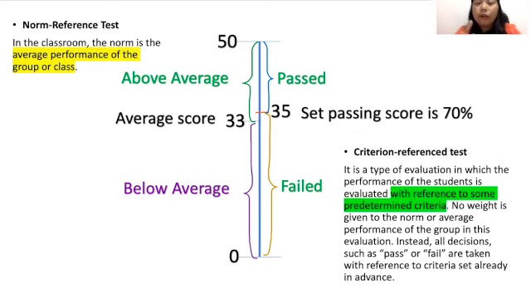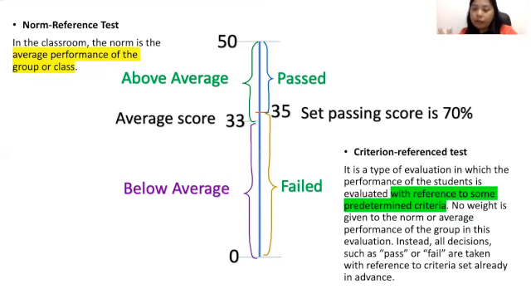Say, for example, there are 60 students who took a 50-item test, and after checking and identifying all the scores, the average score of the class is 33. We can say that those who got above 33 have a performance of above average, and those who got below 33 are considered below average.